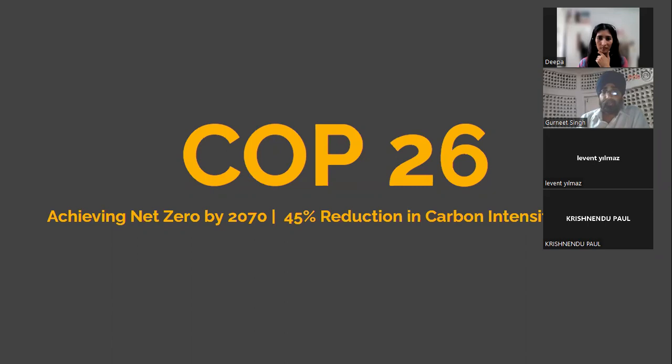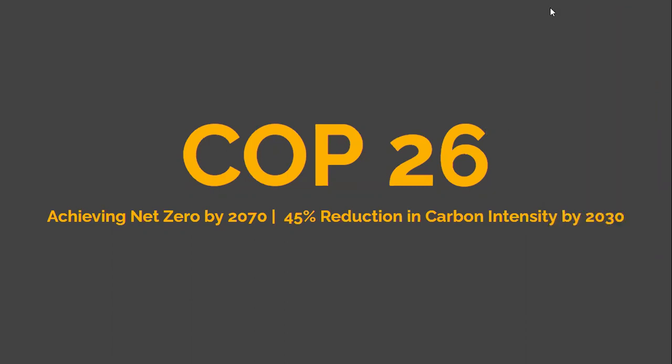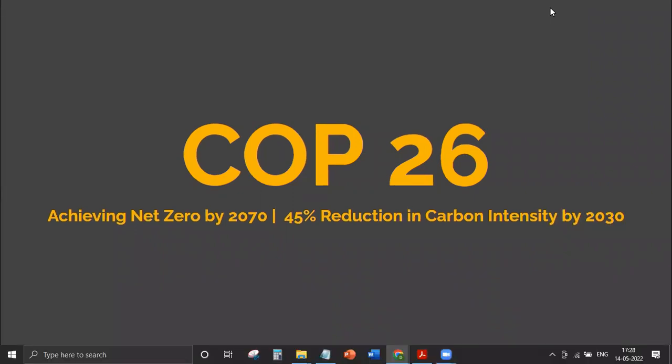Now, we all know about COP26, and India's commitment at COP26. Majorly, one of the commitments was to achieve net zero by 2070 and achieve a reduction of 45% in carbon intensity by 2030.